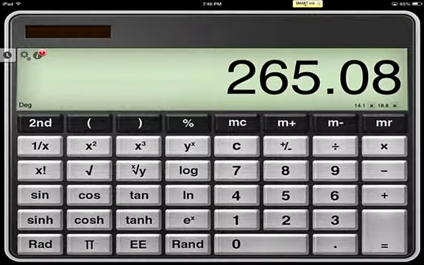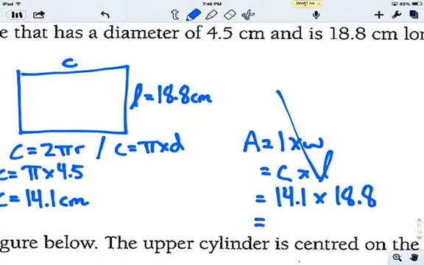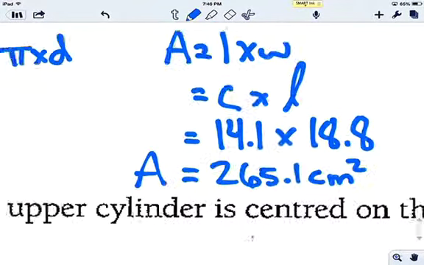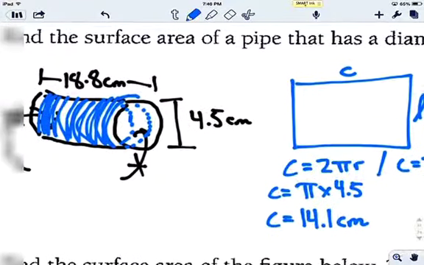We get 265.08, so about 265.1. So the area here is 265.1 square centimeters. And that's our answer. So we didn't need to find those two little circles because this is a hollow pipe.